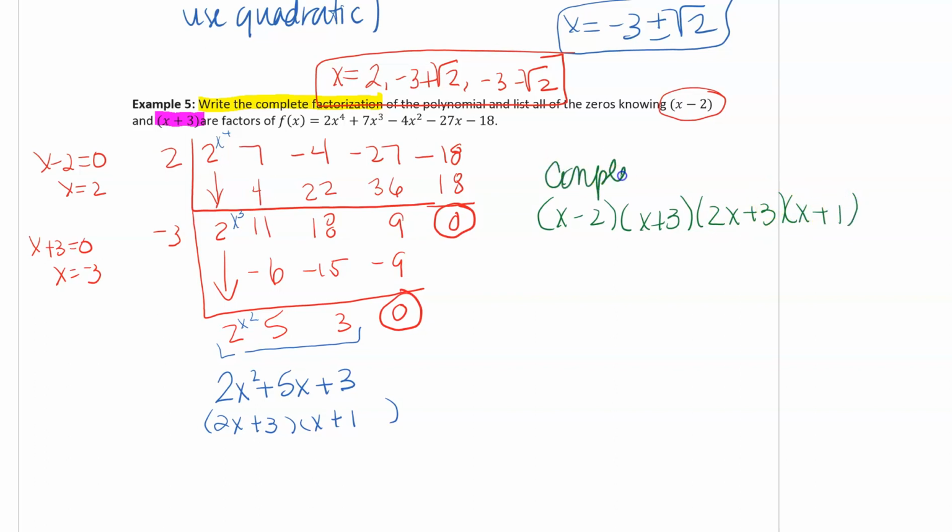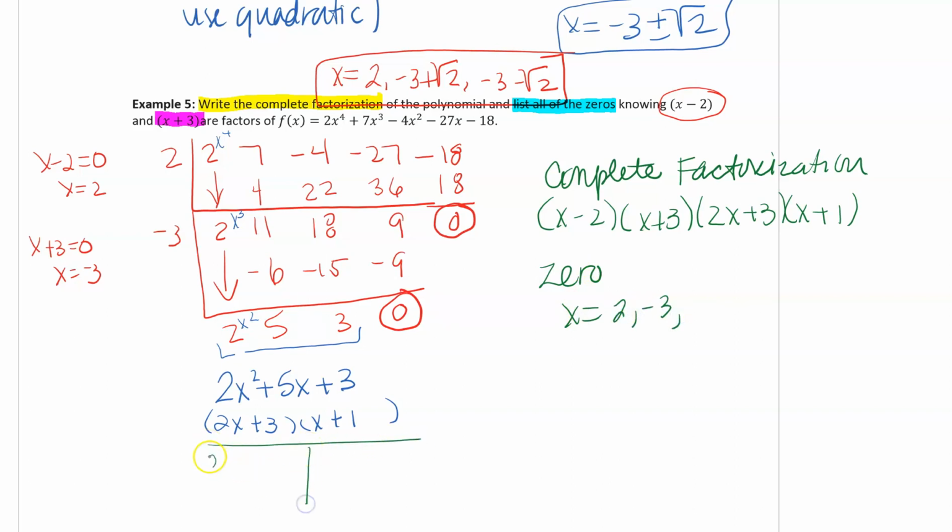This is the complete factorization. It also said to list all of the zeros, and so the zeros would be x equal to 2, negative 3. I would just take these and solve them out.